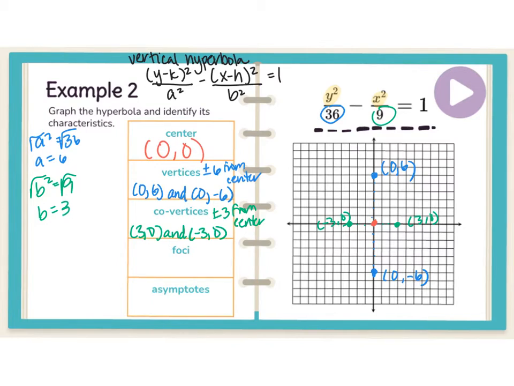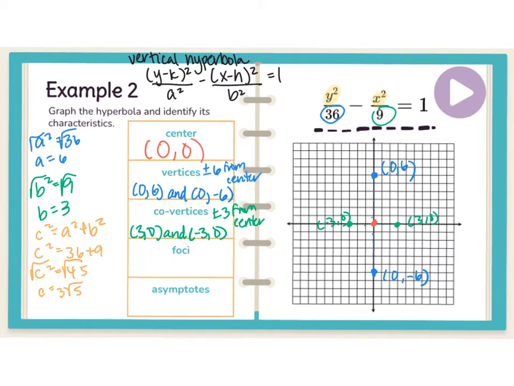Next, we're going to find the foci, and we use that formula c squared equals a squared plus b squared to find the foci. C squared equals 36 plus 9, which is 45, square root both sides to get c equals 3 square roots of 5.